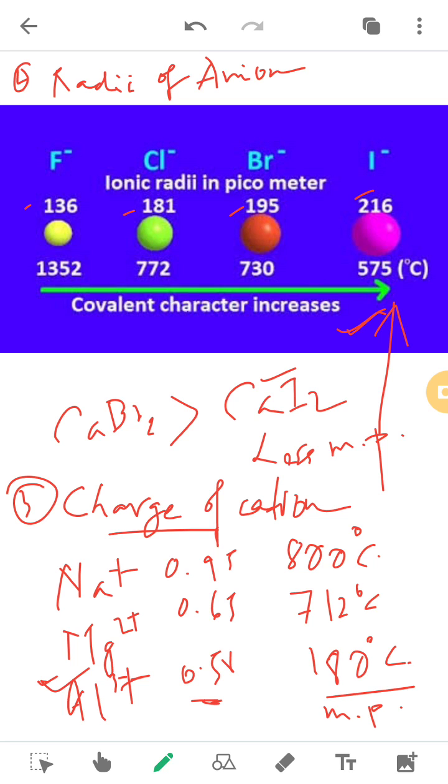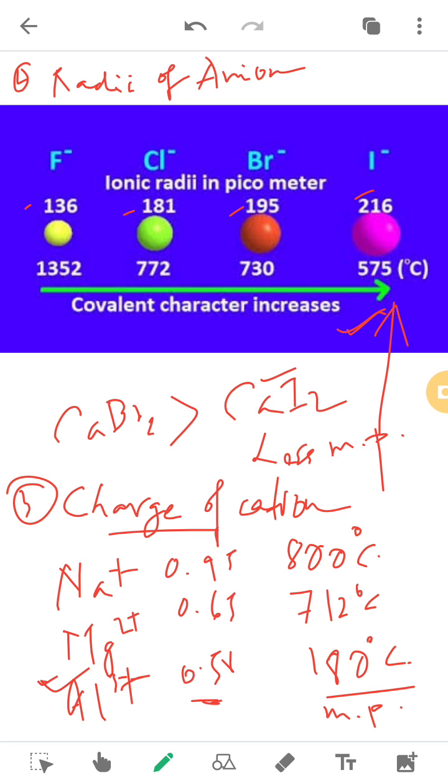The concept is very simple. Two things you have to remember: the smaller the cation size, the better, because when the cation size is smaller, the nucleus holds the electrons more tightly, and that means it can better attract the electron cloud of the anion.